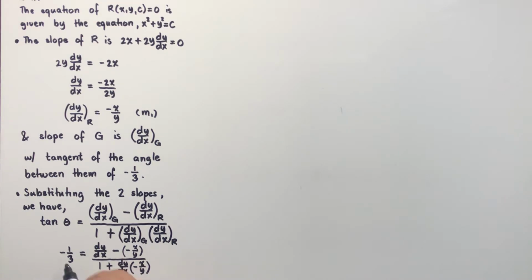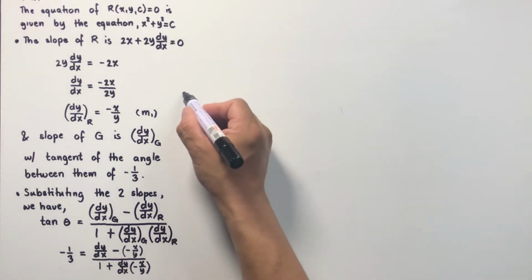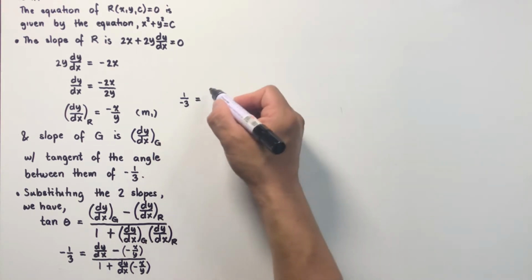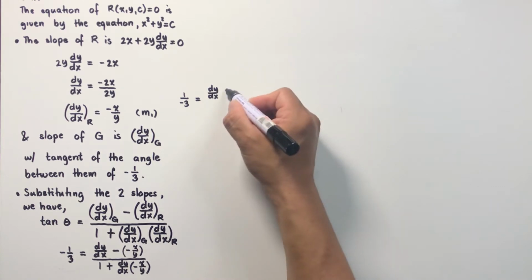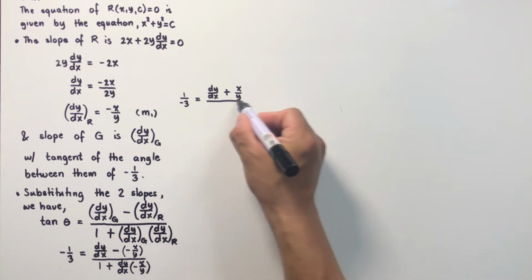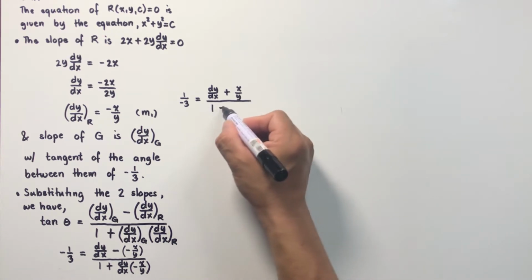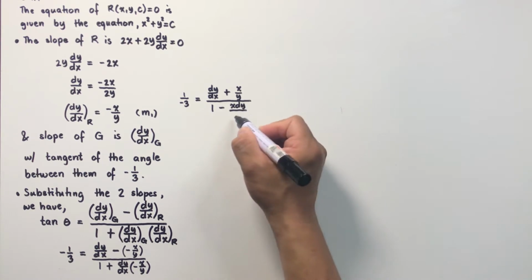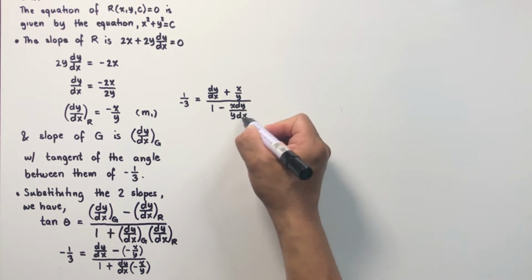And simplifying this equation, we have 1 over the negative 3, which is equal to the derivative of y with respect to x plus x over y. And this is divided by 1 minus x dy over y dx.